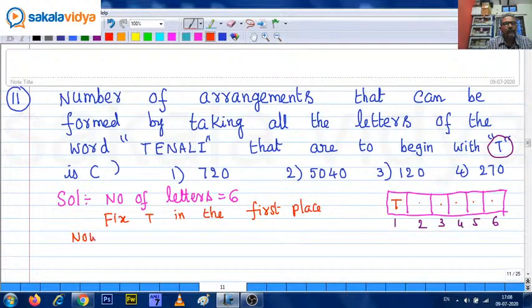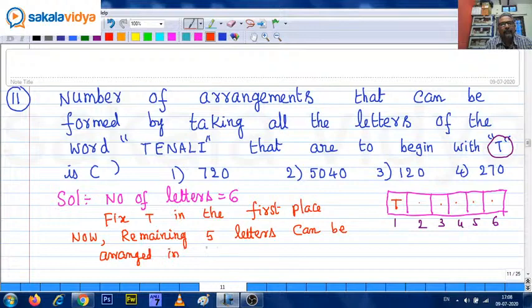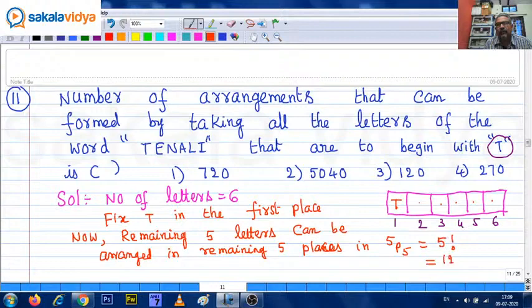Now the remaining 6 minus 1, 5 letters can be arranged in the remaining 5 leftover places in 5P5, equal to 5 factorial ways, equal to 120 ways.